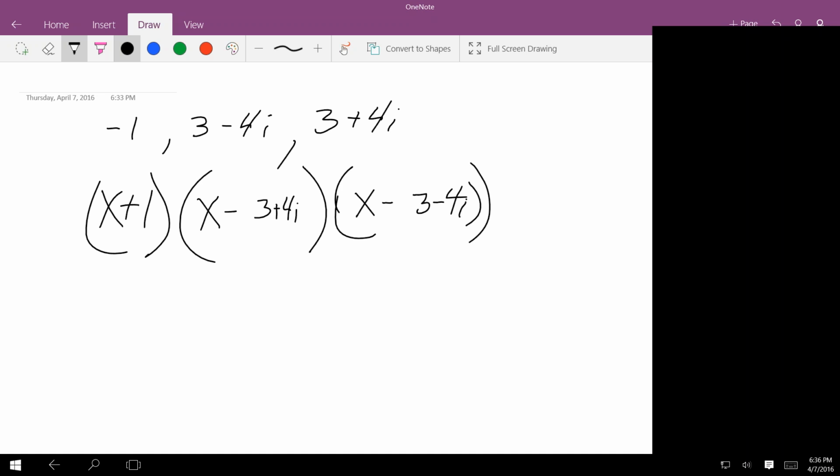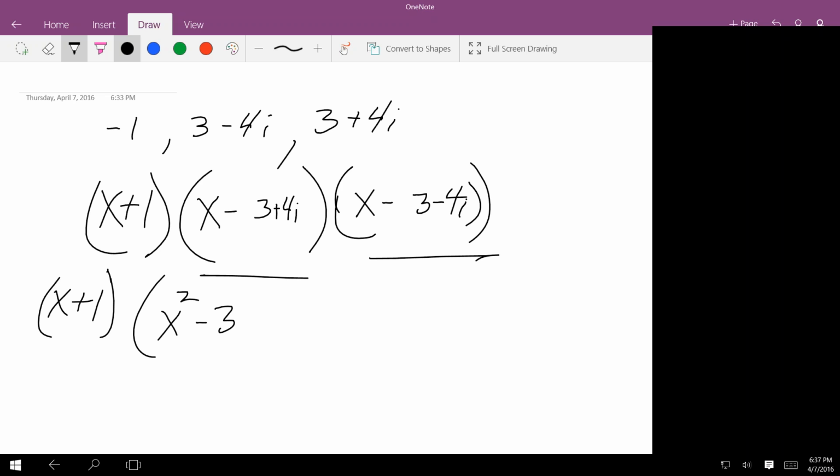Well, the best way to do this is to multiply the trinomial by the other trinomial. What do I get when I do that? I'm going to set the x plus 1 aside for just a moment because I'm still going to have to multiply the result by x plus 1, but so x squared minus 3x, and it's going to be minus 4ix.